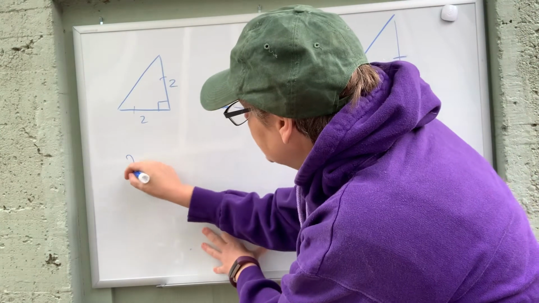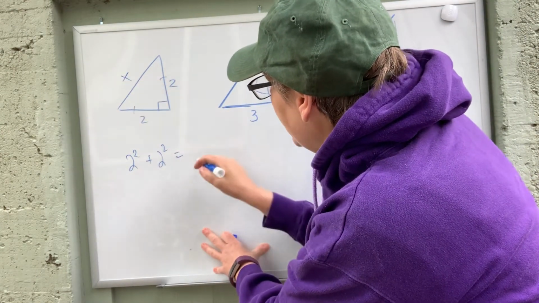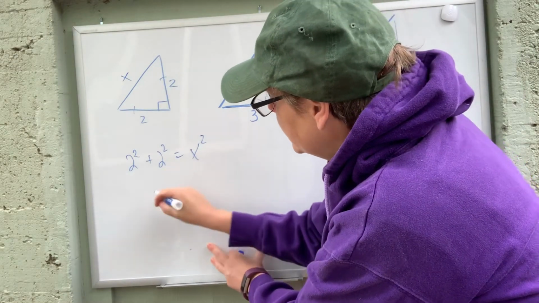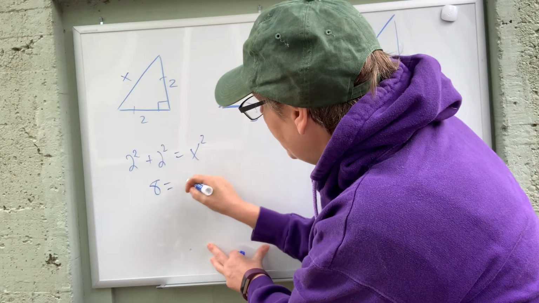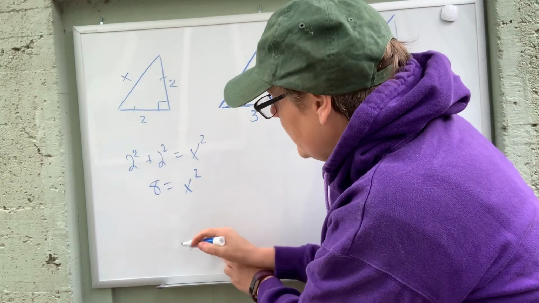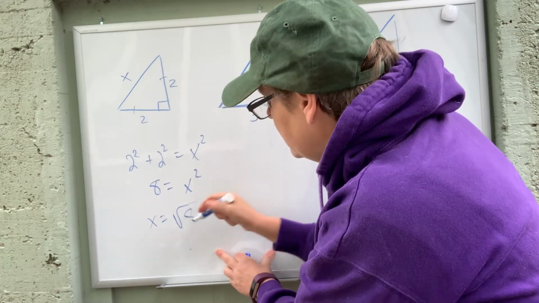And I'm going to say that 2 squared plus 2 squared is equal to my hypotenuse squared. 2 squared is 4, 2 squared is 4. So my hypotenuse squared is equal to 8. If I take the square root of both sides, then I'm going to get that x is equal to the square root of 8.